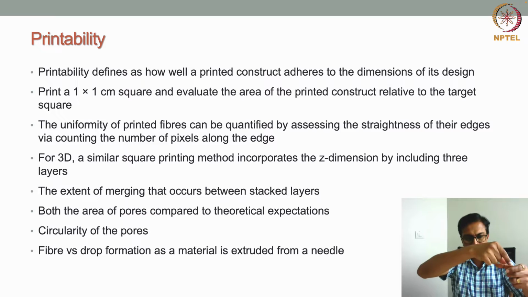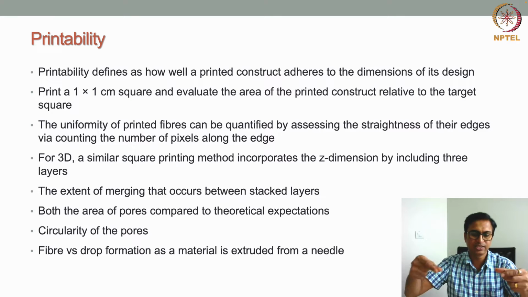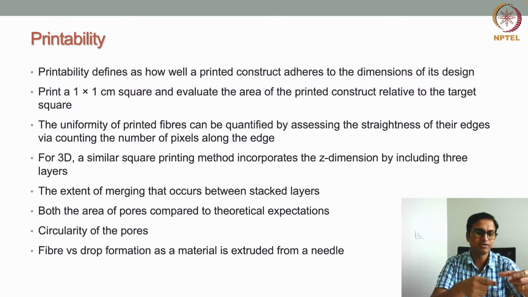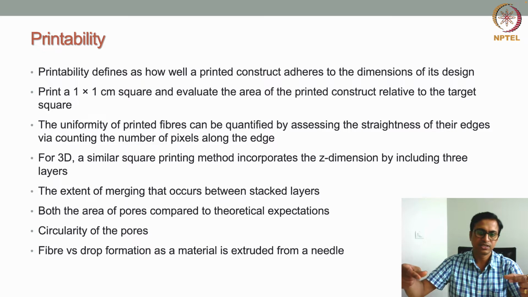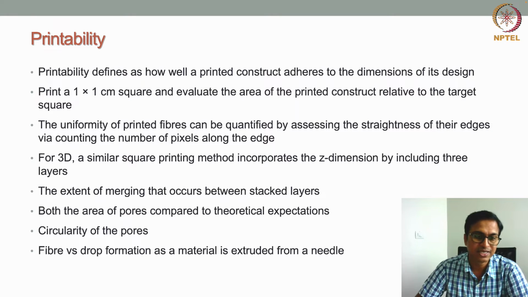We image the printed line, divide it into pixels, and count how many pixels the fiber occupies along its length. If the same number of pixels is occupied along the length, the fiber is straight.